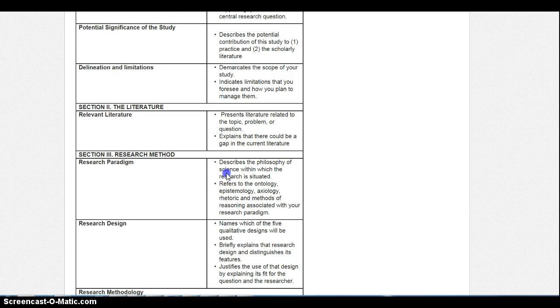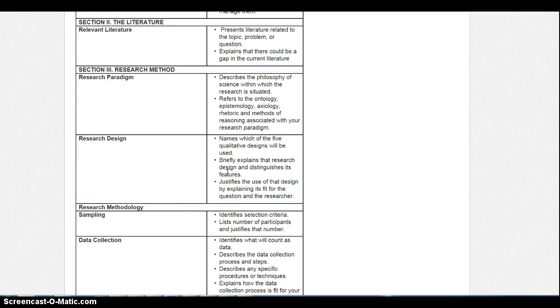Now, in terms of research methodology, we are also looking for a research paradigm. This is the philosophy. So what is your research philosophy? Go back to Creswell, go back to the discussion, and see what this is about.